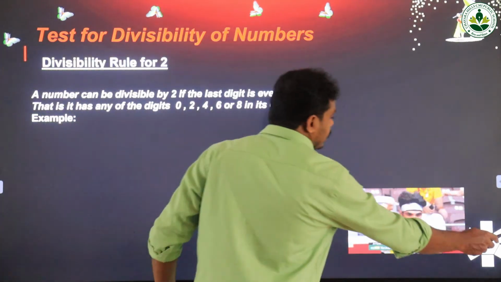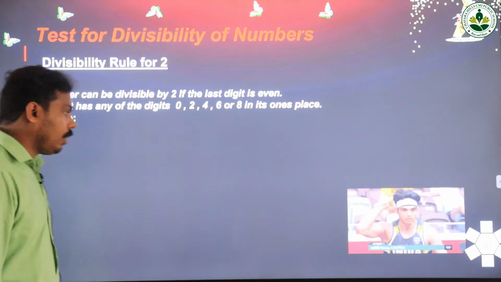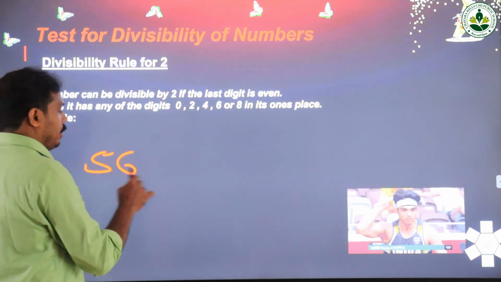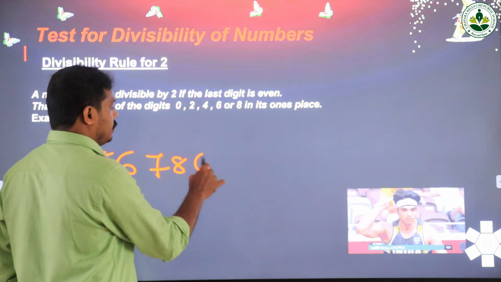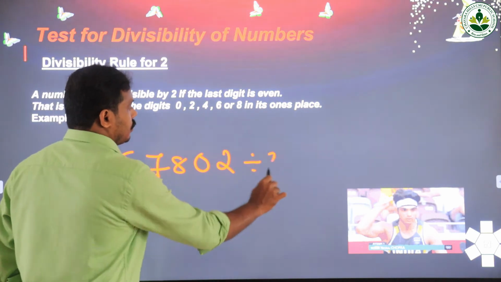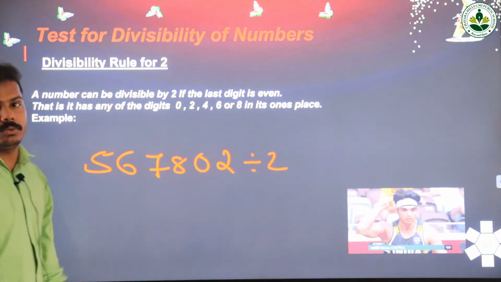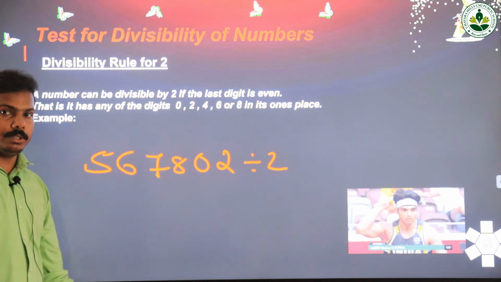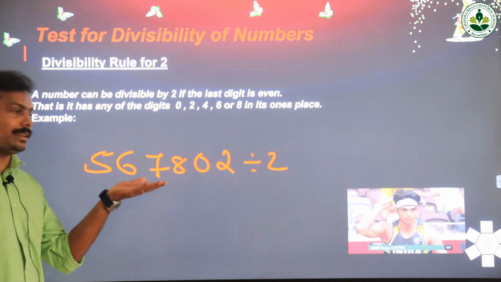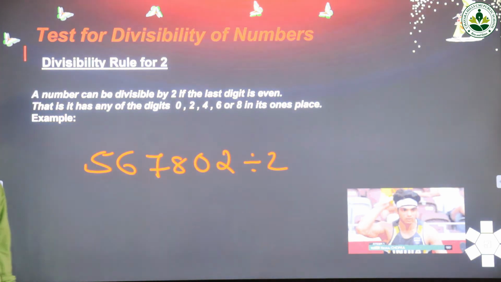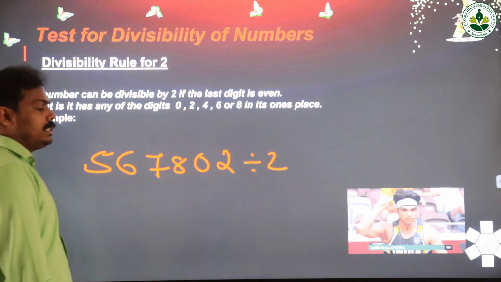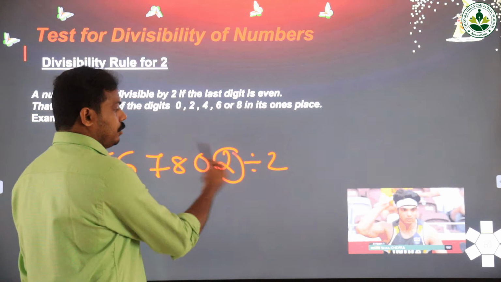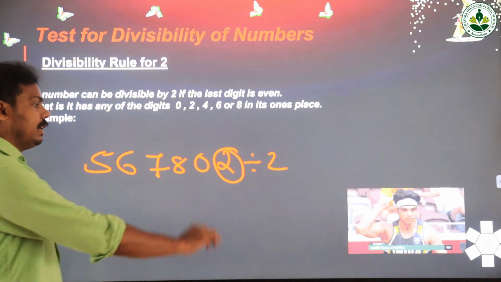We can write some examples and check. If I write one number, 567802, we need to check if it is divisible by 2. Divisible by 2 means we can divide this completely. We check the ones place digit of this number. It is 2, it is even, so it is divisible by 2.